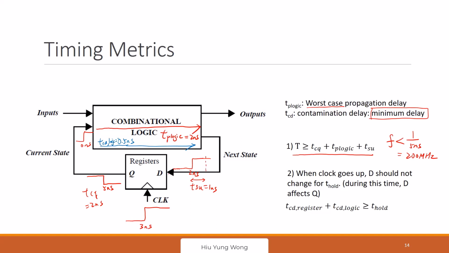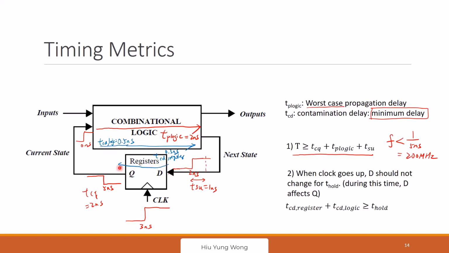And similarly, let's say this one comes in after setup, and then the clock goes up. This one can go through very quickly in some situations, the CD of the register. Let's say 0.3 nanosecond. Then in this case, there will be a problem.